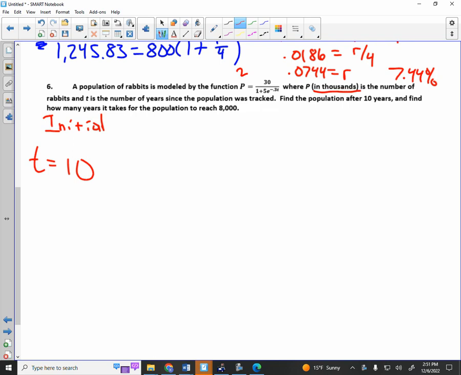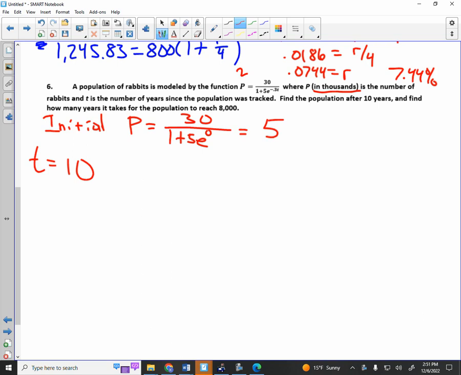All right. So let's find the initial. Initial population means I plug in what? 0 for what? T. So 1 plus 5e, and what is negative 0.3 times 0? 0. So notice that's our equation. What's e to the 0? 1. 5 times 1 plus 1. 30 divided by 6. 5.